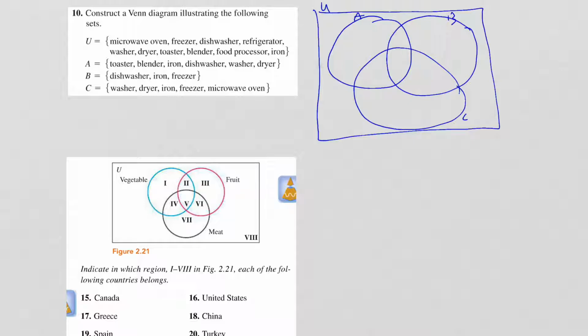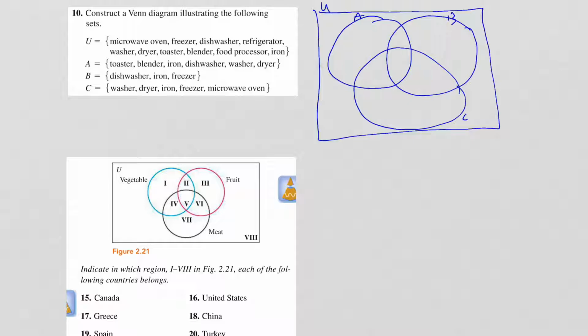As I said in the workbook notes, you want to start with the center and work outward. The center is going to be the intersection of all three sets. We need to look at the list and see what they all have in common.